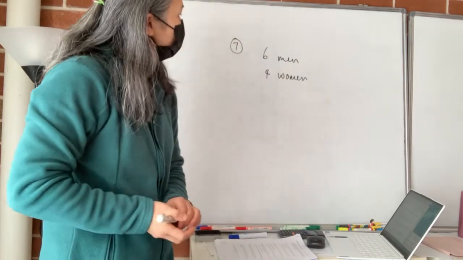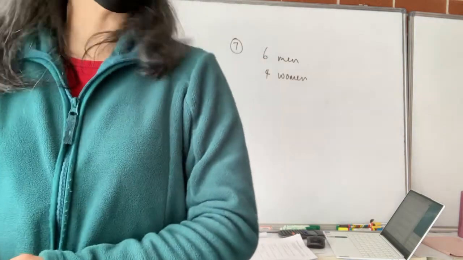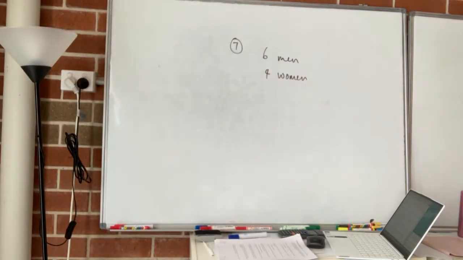So what should we do? The 2 persons don't want to sit together. What we can do is find the number of ways without restrictions, and then minus the number of ways when they sit together, right?